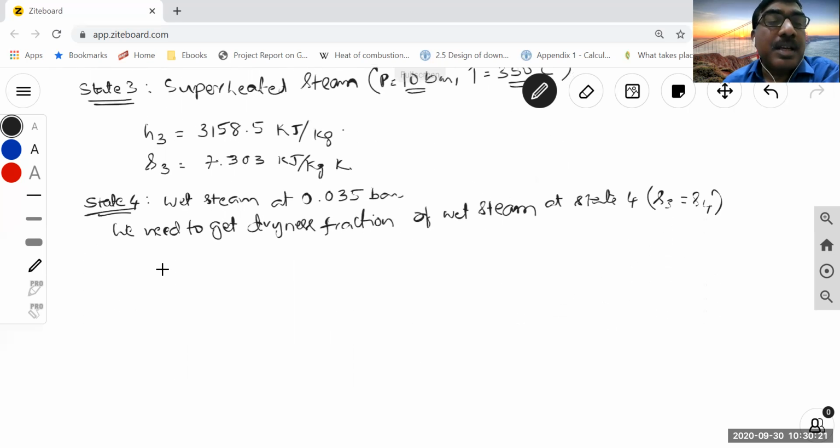So S4 can be written as SF4, that means the entropy of the saturated fluid at condenser pressure, plus X into SFG4, where 4 means condenser pressure.